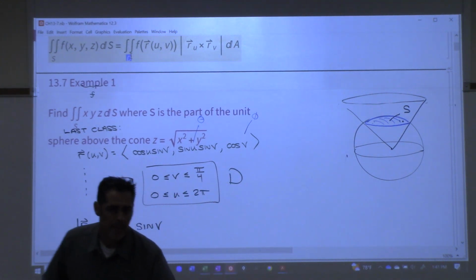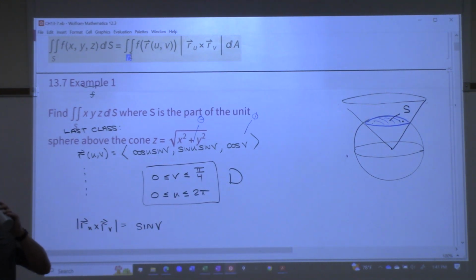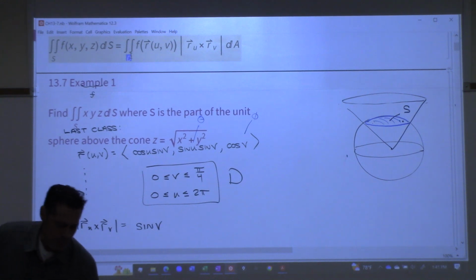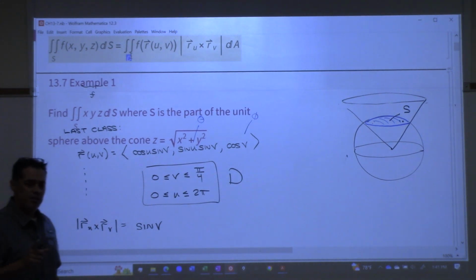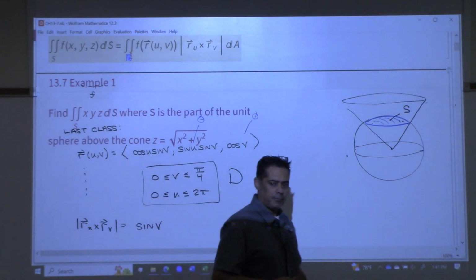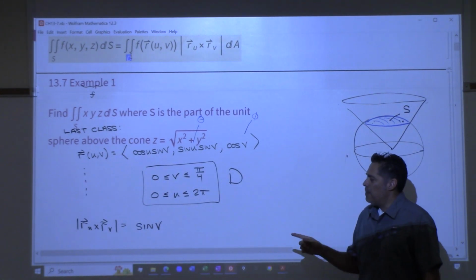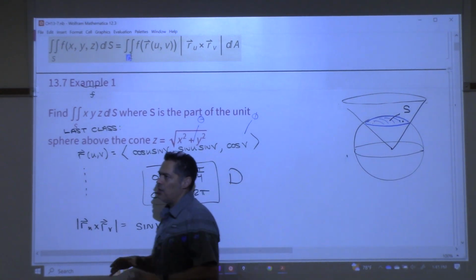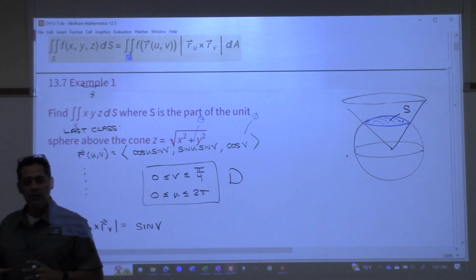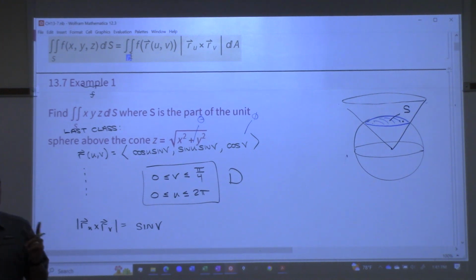Real quick, if we come across a problem like this on the exam, could we just know that r_u crossed with r_v has magnitude sine V? If it's a unit sphere, I'm okay with that. Do you know what it becomes if the sphere has a radius of rho? Would it be rho squared sine V?